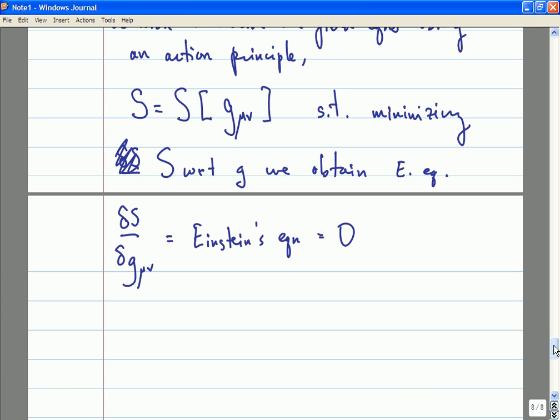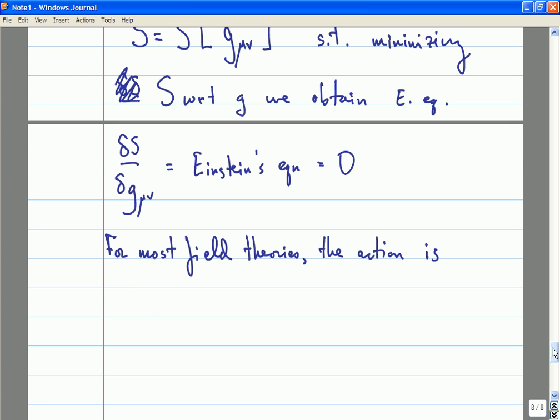And the answer is that for most field theories, the action is a functional which will be a local integral.